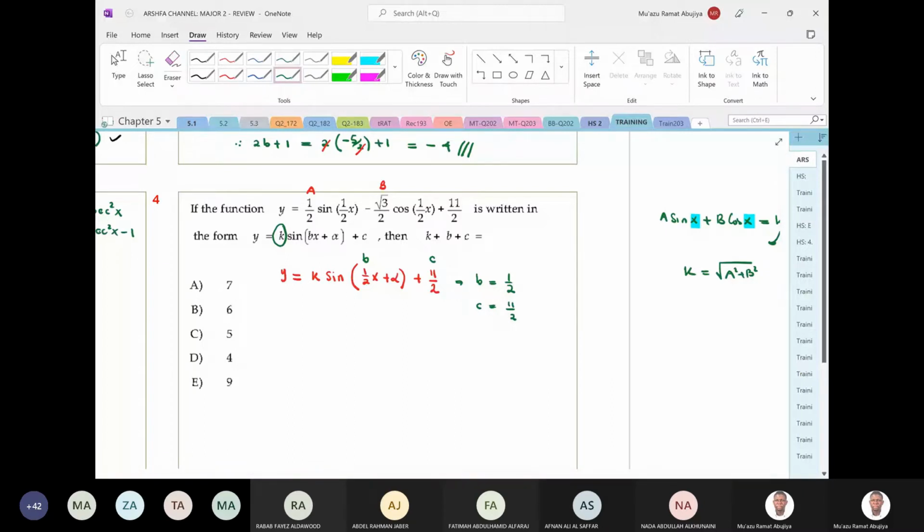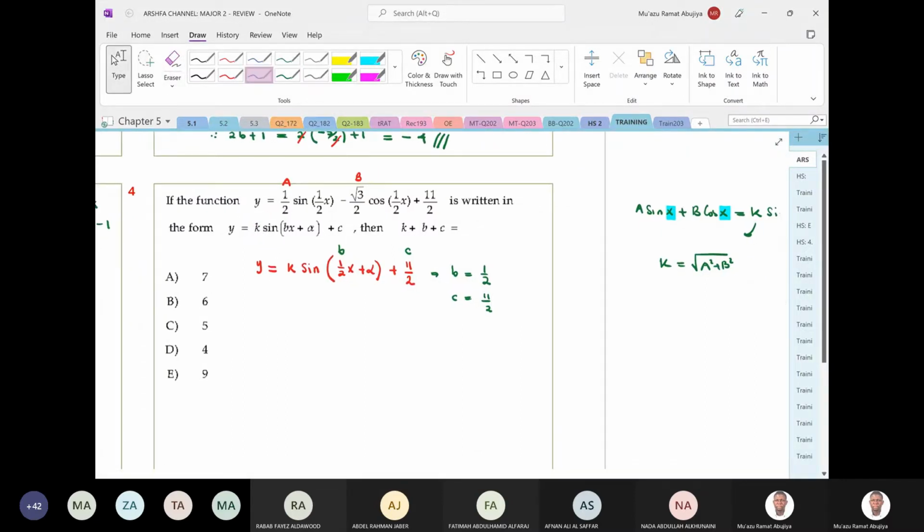Okay, now let us go and find the value of k. What is going to be our k? According to the reduction identity, k is equal to the square root of a squared plus b squared. Now, what is this one here?